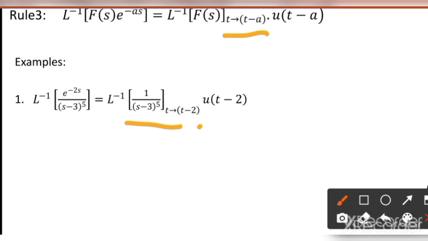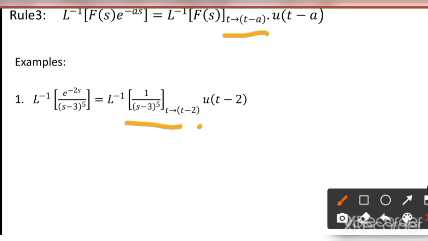So what is 1 over s minus 3 power 5? Directly I can't write it. In case of 1 over s power 5, I could have obtained the result directly. So 3 is a hurdle, take it out as e power 3t. I'll get e power 3t into L inverse of 1 over s power 5, that is t power 4 by 4 factorial, because L inverse of 1 over s power n is t power n minus 1 by n minus 1 factorial.